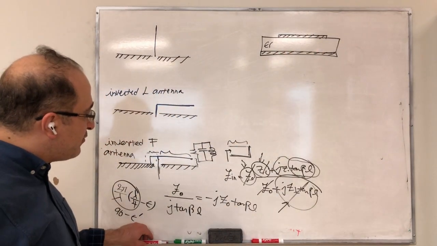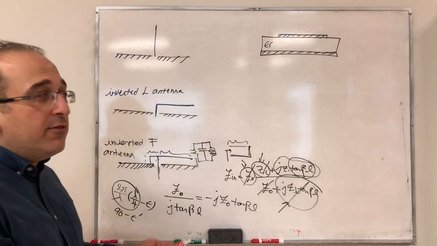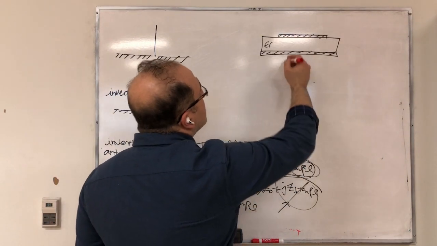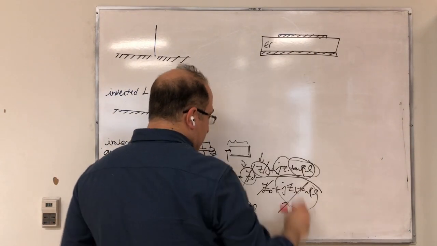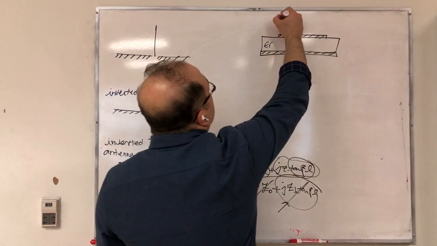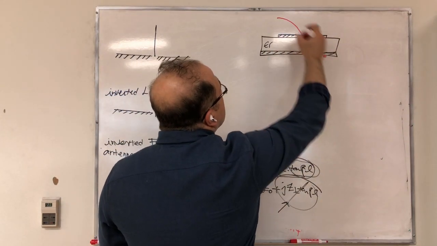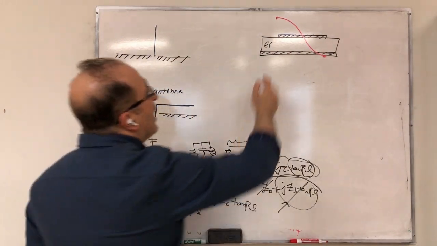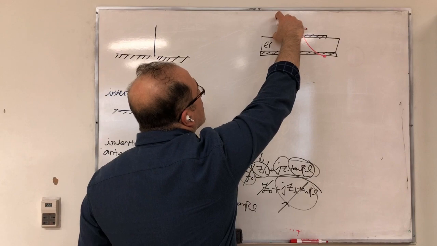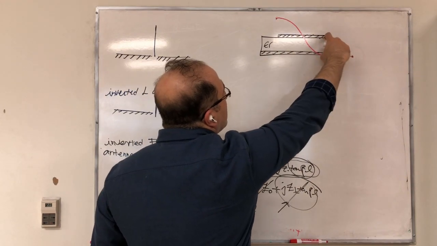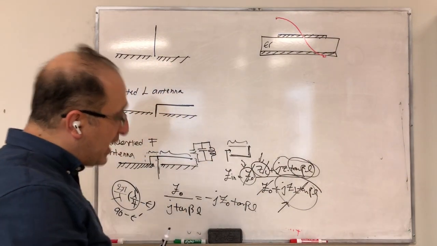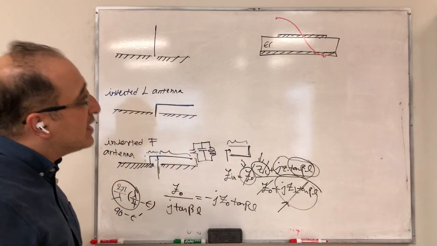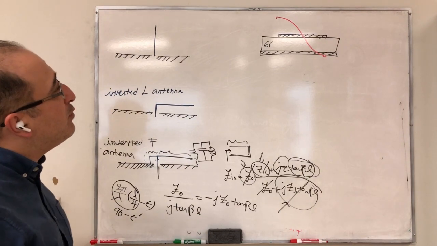Based on this half a wavelength assumption, we use the transmission line model to say that the voltage distribution here is equivalent to something like that, because this is almost half a wavelength. So you get half of a sine, and here is open circuit. You assume voltage is maximum, and the same thing here. You also assume voltage is maximum, and therefore you can assume that voltage at the center crosses zero. So that's what we have.